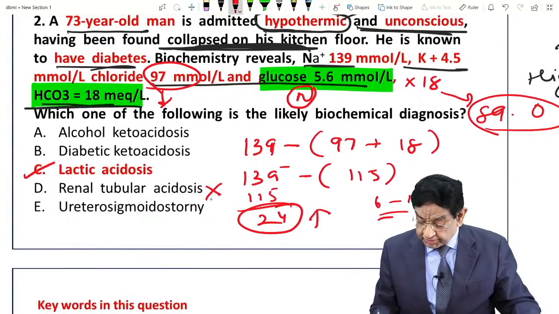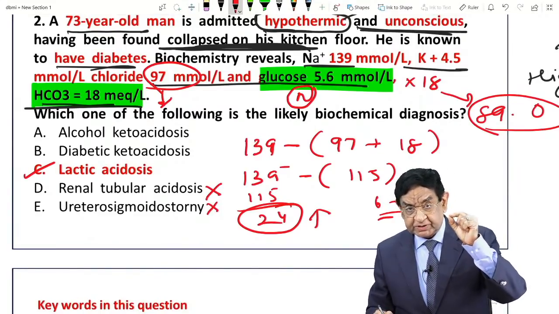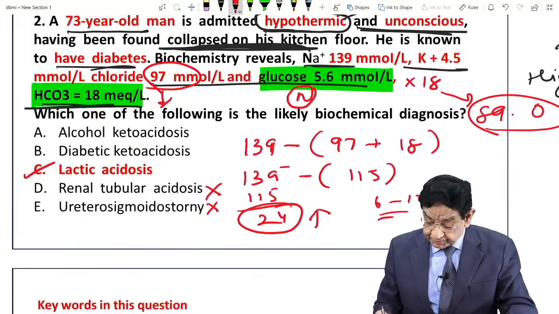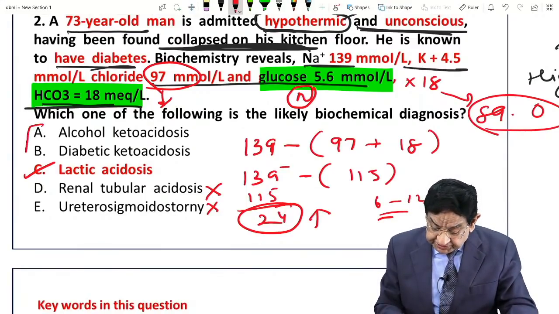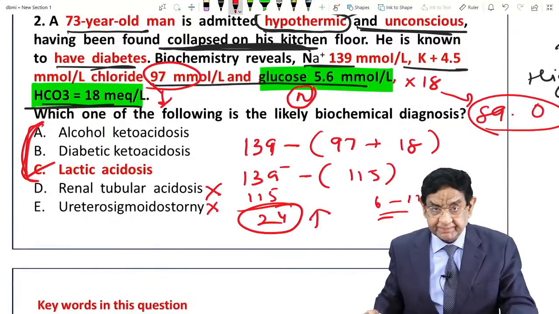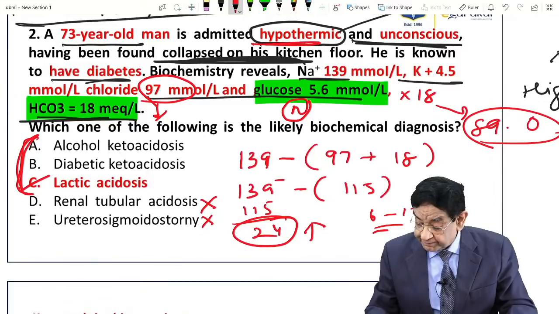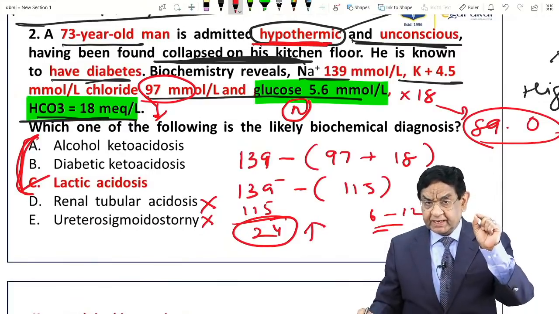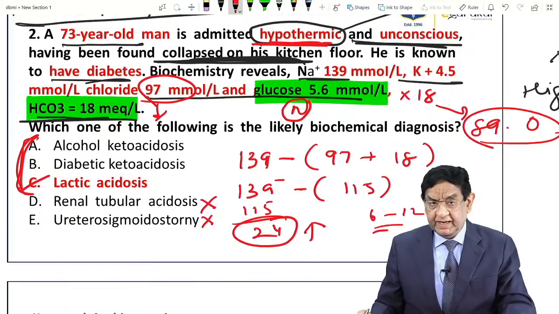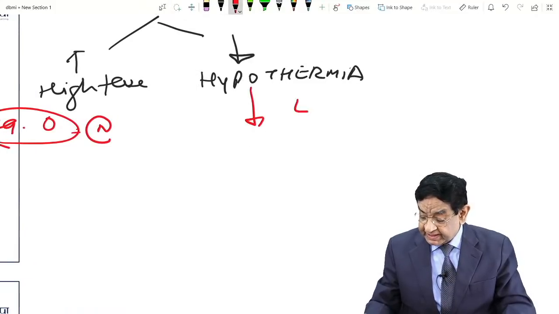So this is ruled out, because in these two conditions the anion gap is normal. Now in these three conditions, we can have increased anion gap. But what about hypothermia? Hypothermia occurs in septicemia, and one of the classical acid-base disturbances in septicemia is lactic acidosis.